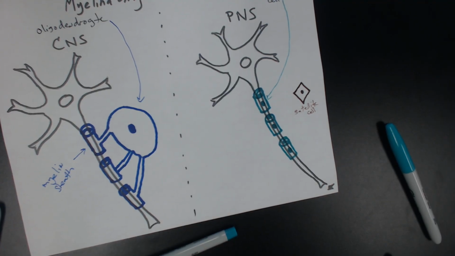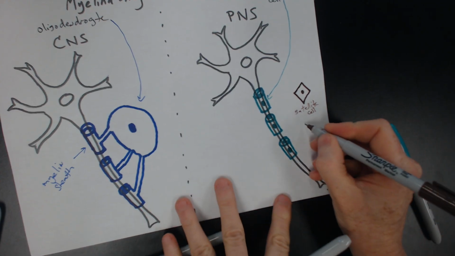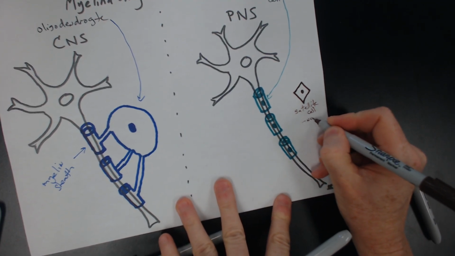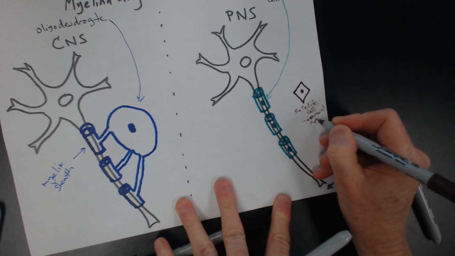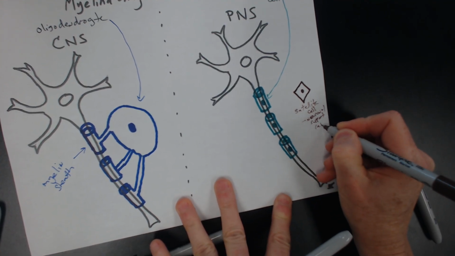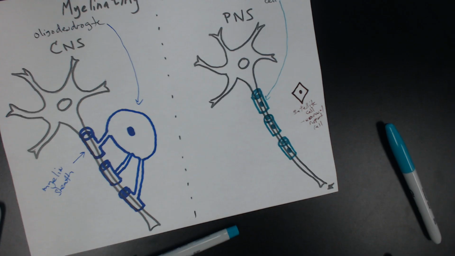Your satellite cell in the PNS is a kind of glial cell that is basically a neuronal support cell. Kind of like the astrocyte, it does whatever's needed. The satellite cell is kind of like that for the PNS neurons. Questions about that? Anybody? Does that make sense?